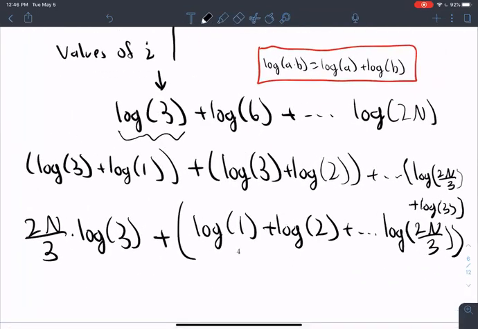Let me put a line here. Okay, so that's just simplifying it by taking the log 3 out of every term.